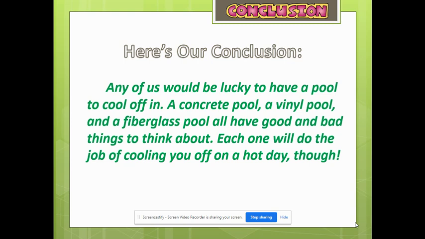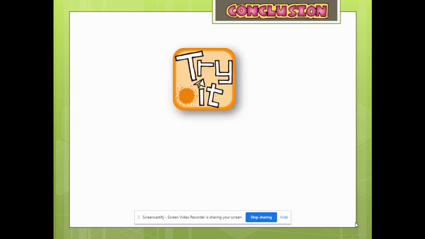As any of you would be lucky to have a pool to cool off in. A concrete pool, a vinyl pool, and a fiberglass pool all have good and bad things to think about. Each one will do the job of cooling you off on a hot day, though. Okay? So now we have our 3 parts of our conclusion.